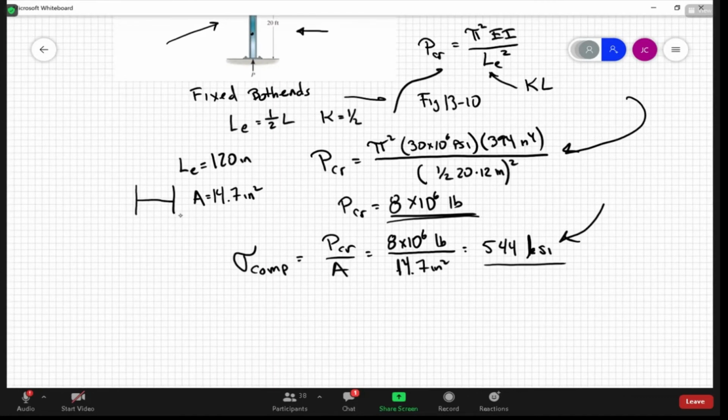You can find some steels that are about 100,000 psi.